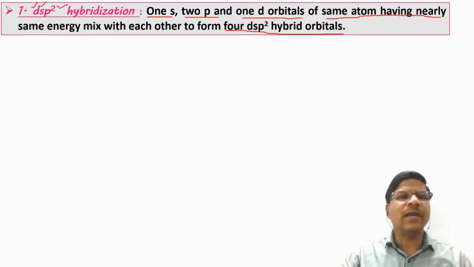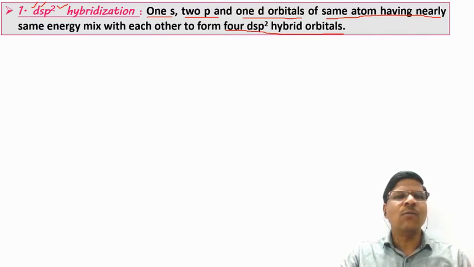As far as the conditions of hybridization are concerned, they must belong to the same atom and have nearly the same energies. And the number of hybrid atomic orbitals formed is equal to the number of pure atomic orbitals involved.